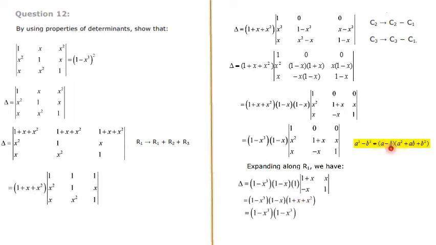By using this a cube minus b cube identity, we can write it as a cube minus b cube, that is a is 1, 1 cube is 1, minus b is x, so b cube is x cube. So now finally we can come to the conclusion, 1 minus x cube into 1 minus x cube, that is 1 minus x cube the whole square. That is the proof.